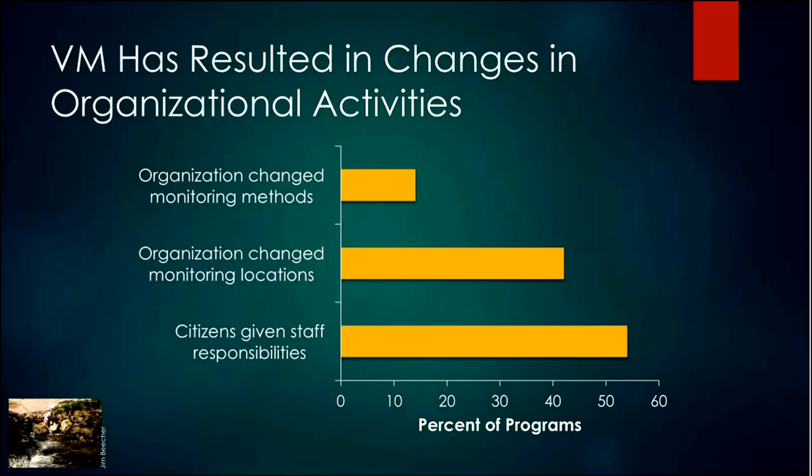And in that state, we saved about $12,000 in travel for the biologists and really freed up their time to work on other activities as opposed to collecting the phosphorus samples.